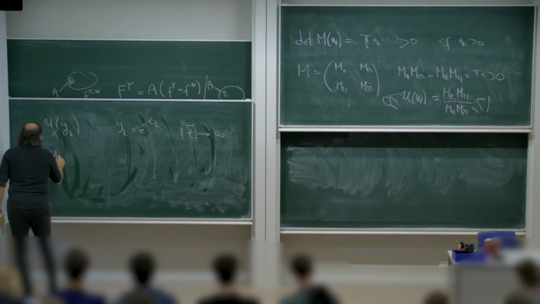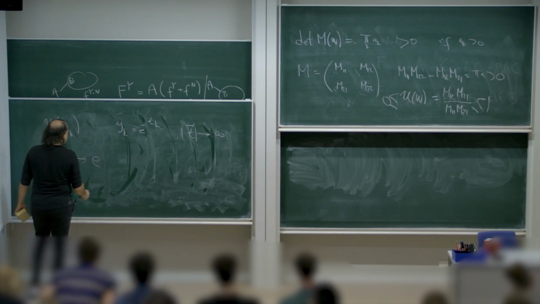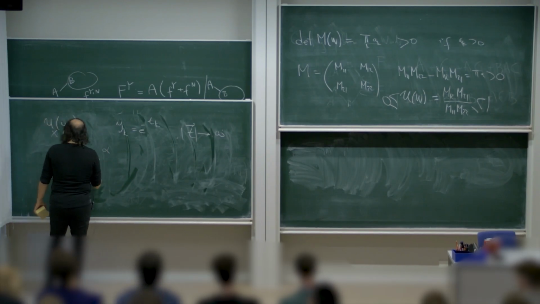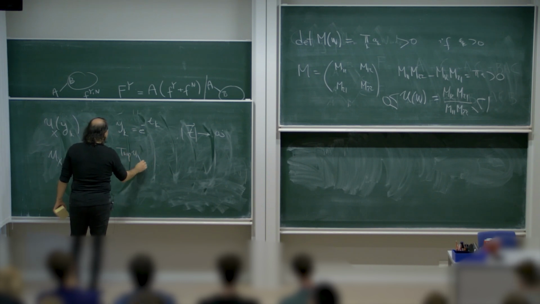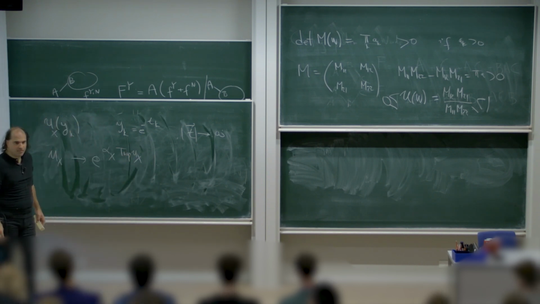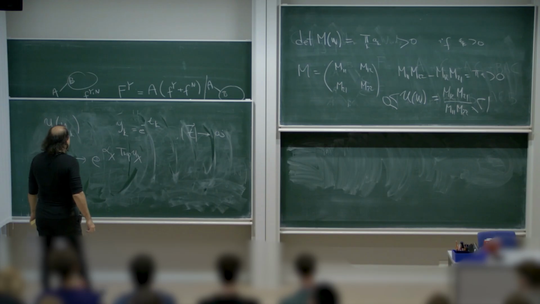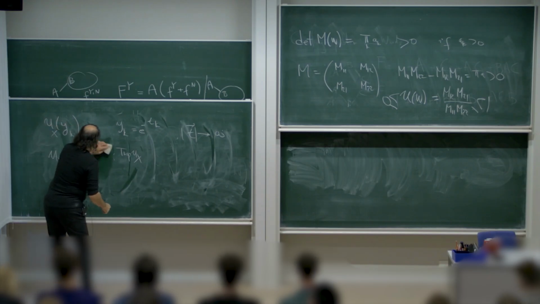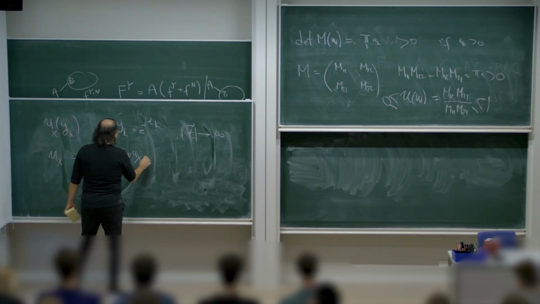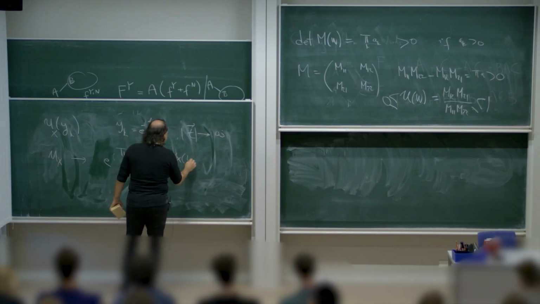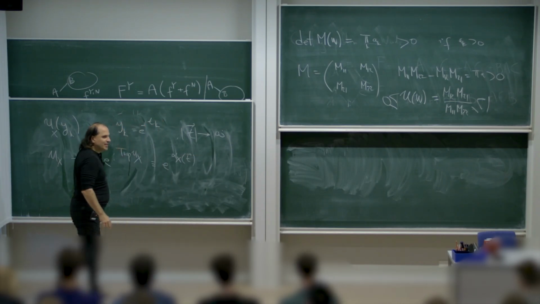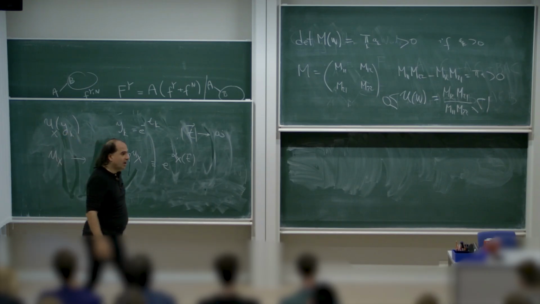And so u is going to go to e to the something, e to the, we'll call it alpha, times the tropicalization of ux. That's e to the trop of ux, and this I'm going to call e to the alpha x. Okay, so now alpha x is going to be some piecewise linear function on t space.